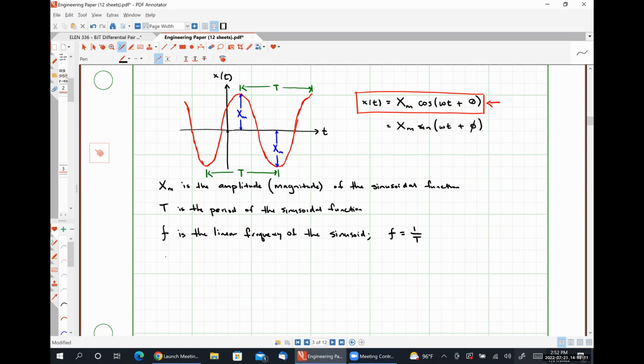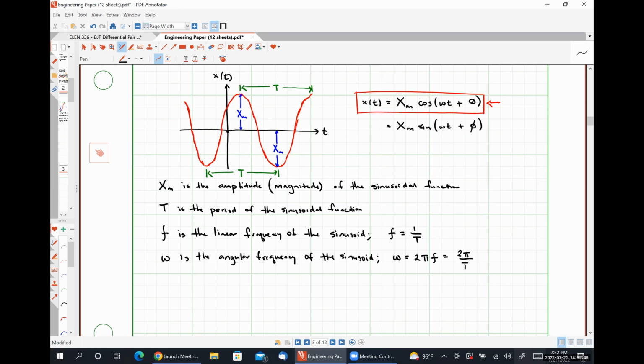Omega is the angular frequency of the sinusoid, where omega is equal to 2 pi f, or 2 pi over T, okay?